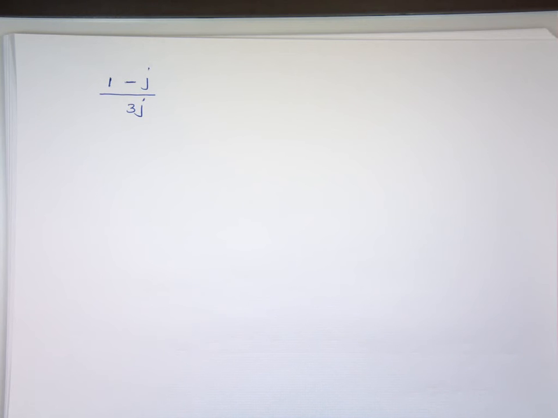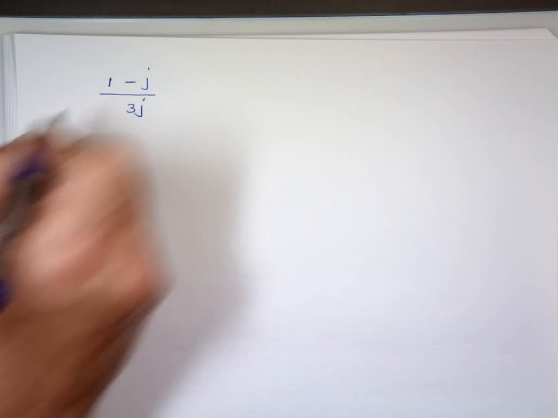What are you going to do here? Notice this is really 0 plus 3j, isn't it?